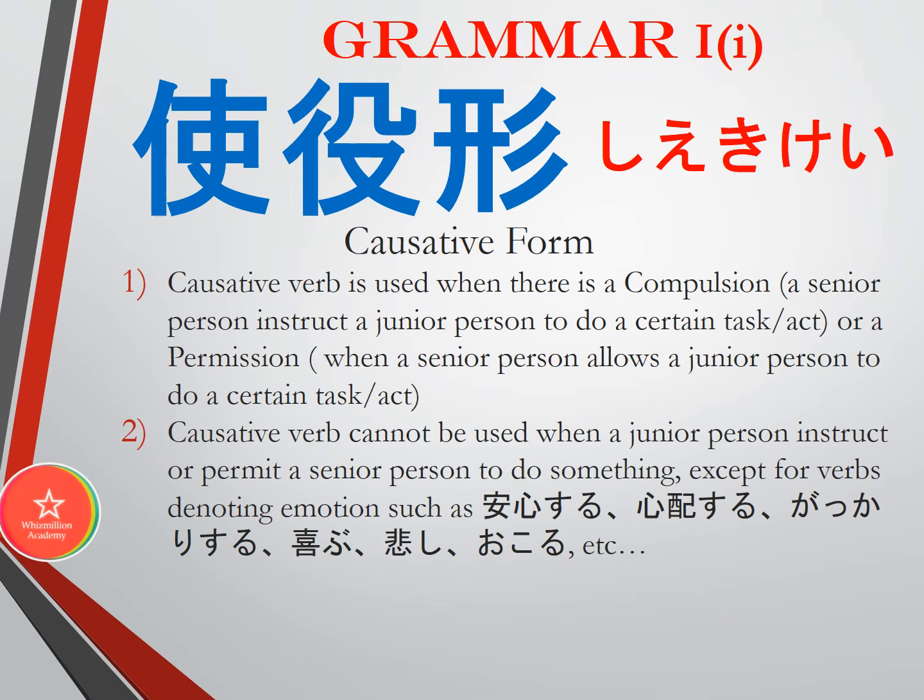There are some verbs that denote emotions. Then you are allowed to use that. Even though you are a junior person, you can give permission to a senior person if the verb is a verb denoting emotions. Verbs that denote emotions such as anshin suru, which is relief.